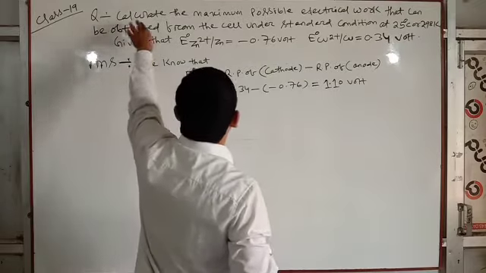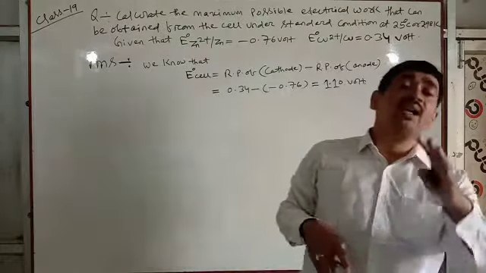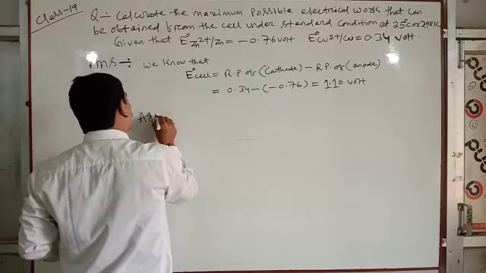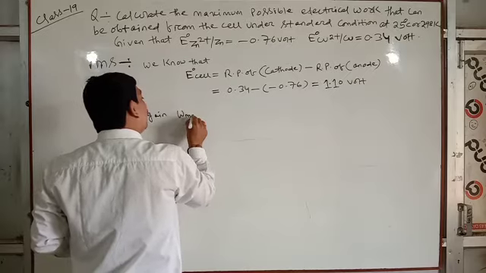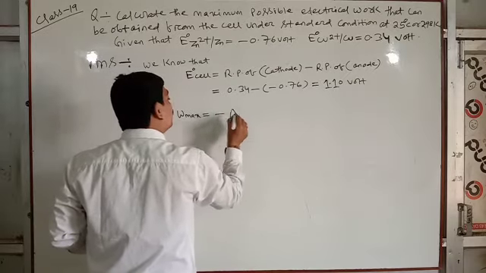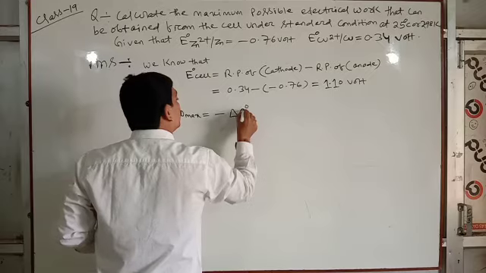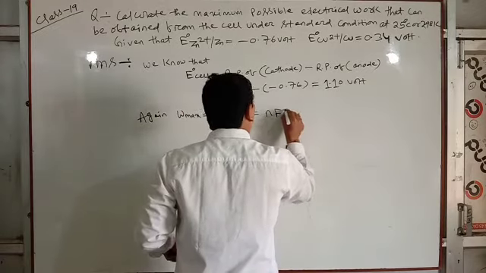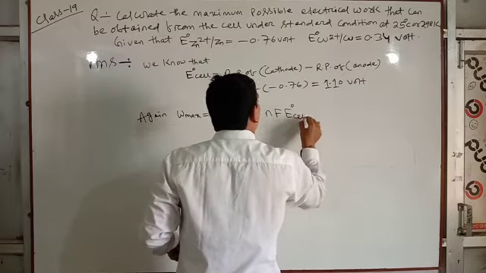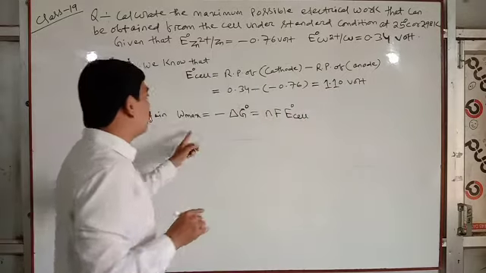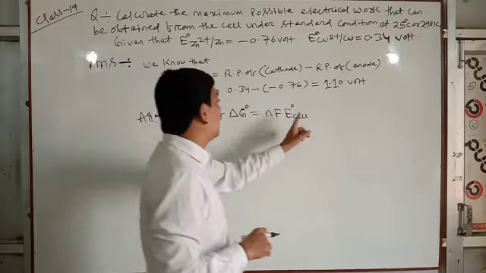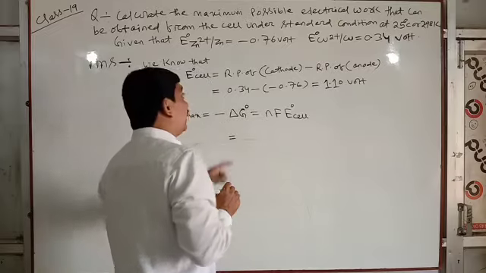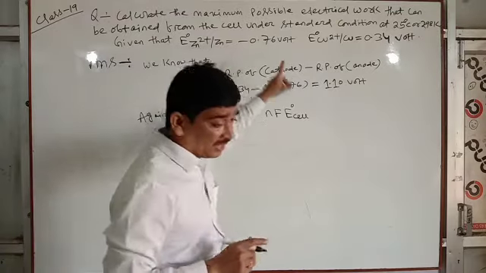Next we have to calculate the maximum work. The formula we know again: Wmax equal to minus delta G naught, which is equal to nF E naught cell. How do you know n is 2?